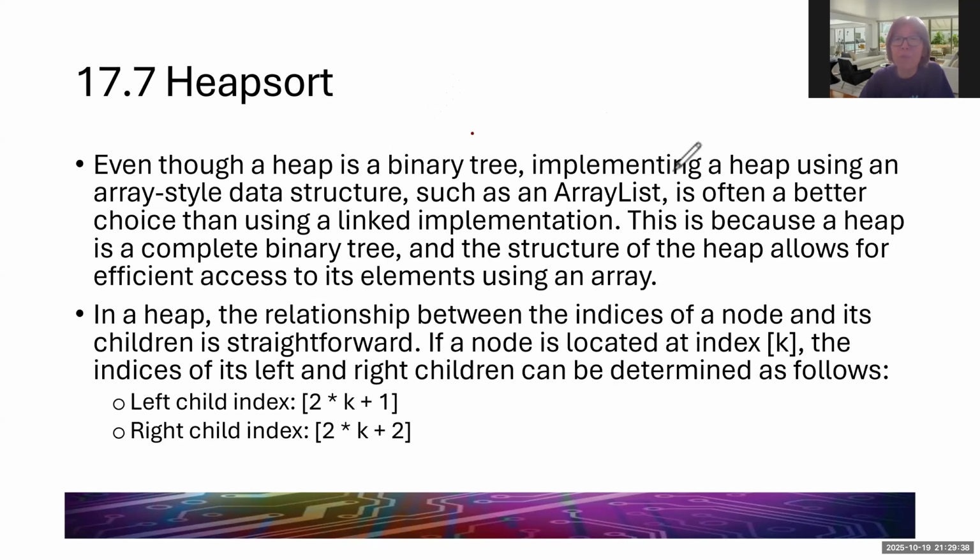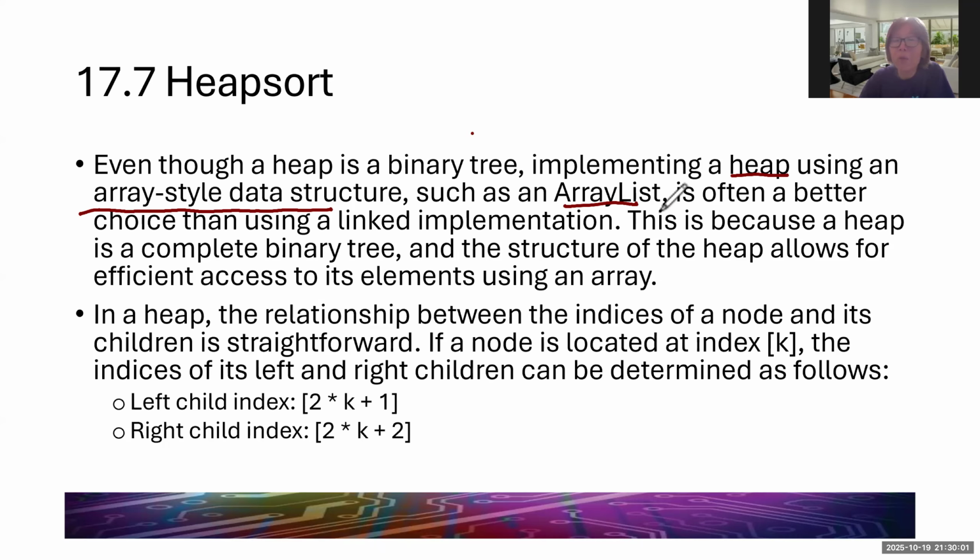But for heap, the mini heap or maxi heap, there is a special feature that when we implement it, we can use an array-style data structure, such as an array list. So it's a better choice than linked implementation.